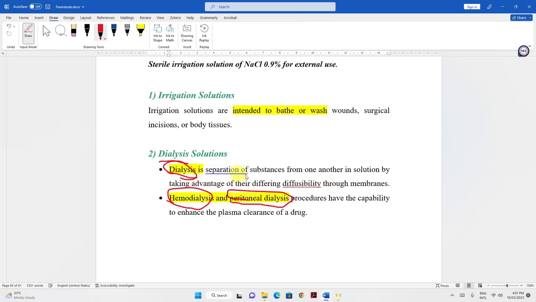What are they for? They are to clean the blood from toxic material, taking advantage of diffusibility through the membrane that separates the dialysis fluid from the blood.